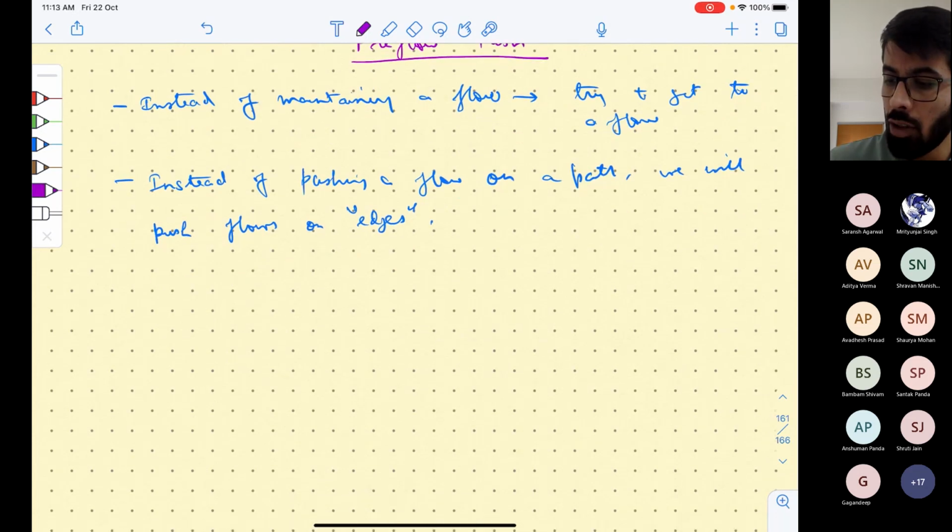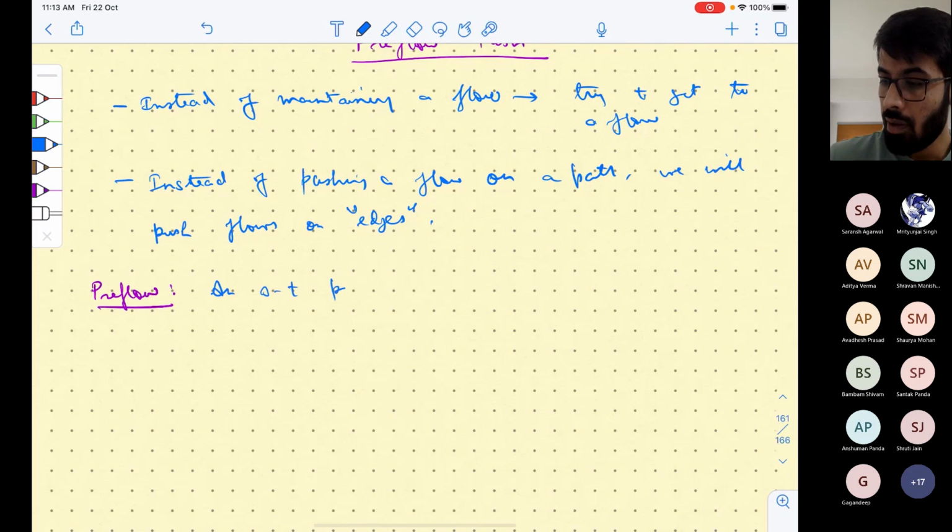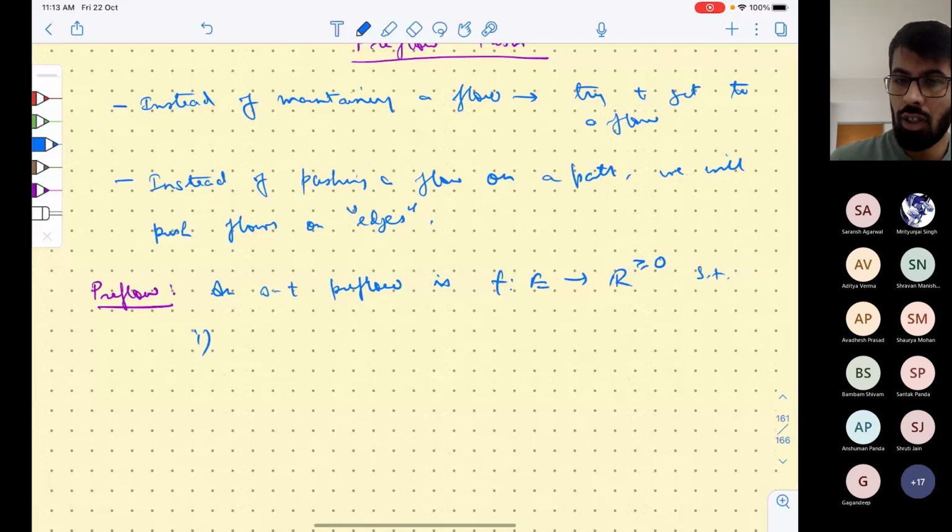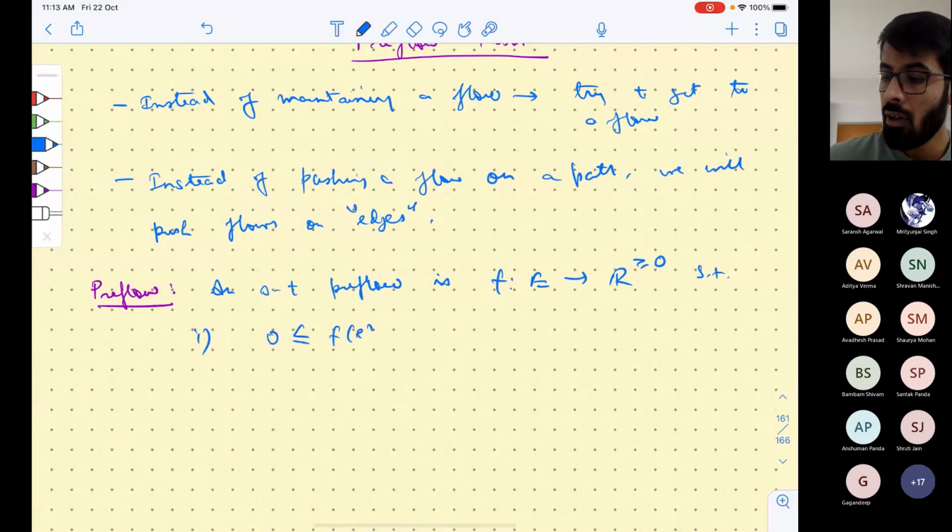First we'll define the concept of a pre-flow. So what is a pre-flow? A pre-flow is a function from edges to non-negative reals such that, first, the capacity constraint is the same. The second is slightly different.